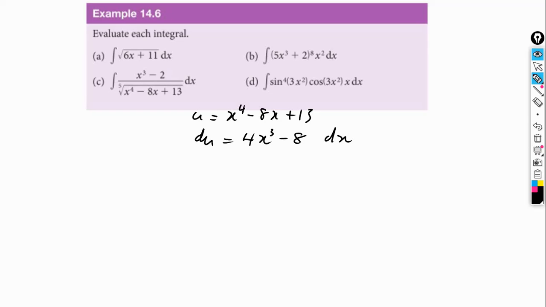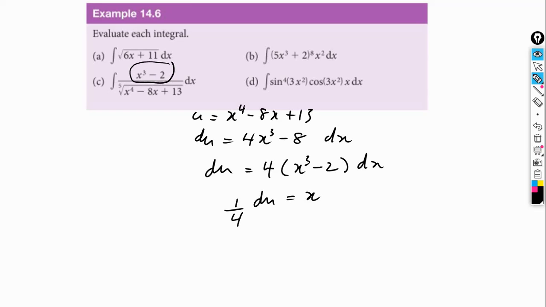But we need to get to this expression here, right? x cubed minus 2. So du would be the same as writing 4 times (x cubed minus 2) dx. Therefore, 1/4 du is equal to (x cubed minus 2) dx. And now we're ready to substitute.